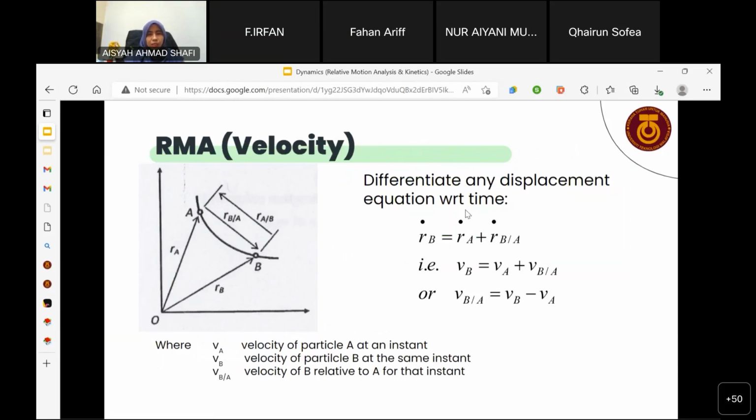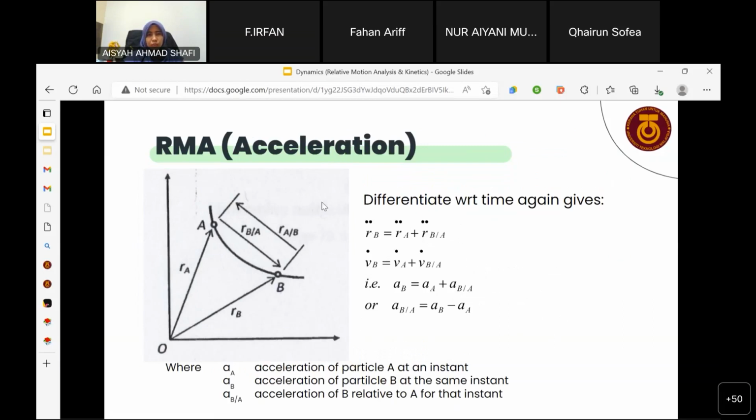And then for the velocity, it is actually the same equation. Previously, displacement of B relative to A is RB minus RA. So for the velocity, just change the R to V. This means for VBA, it is VB minus VA.